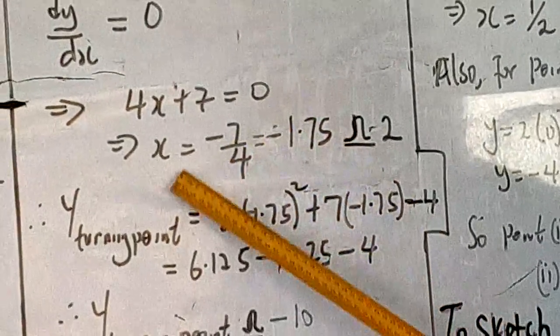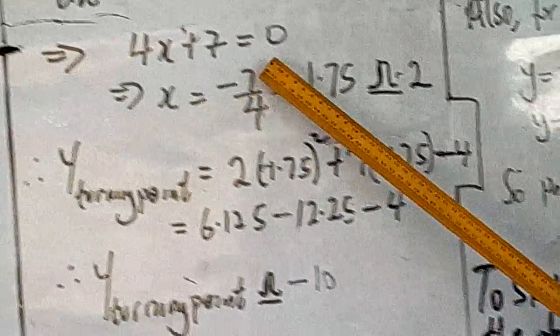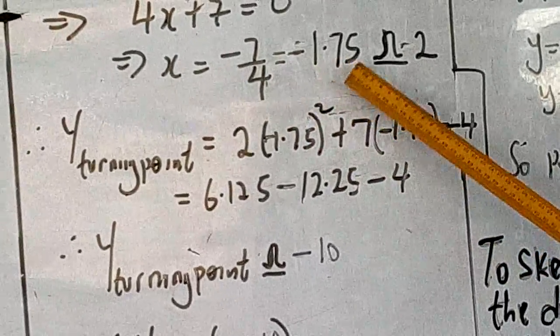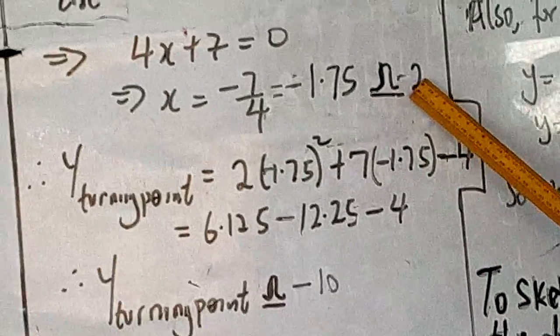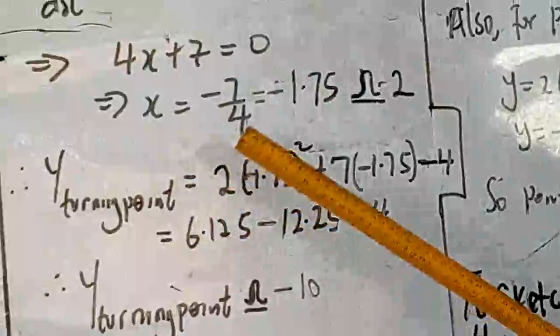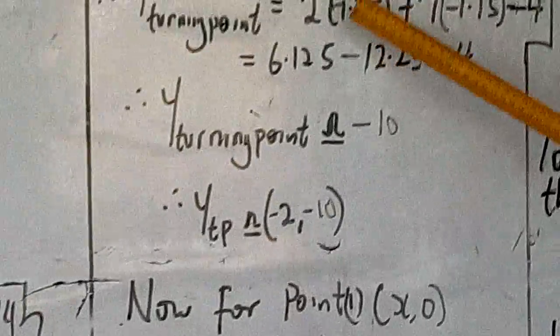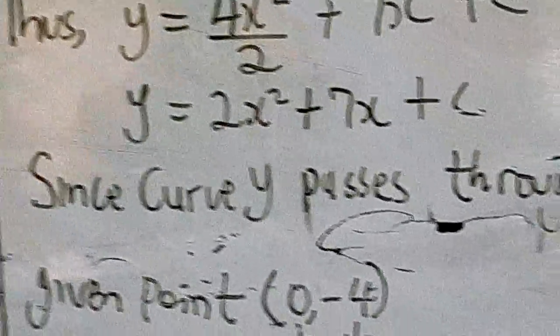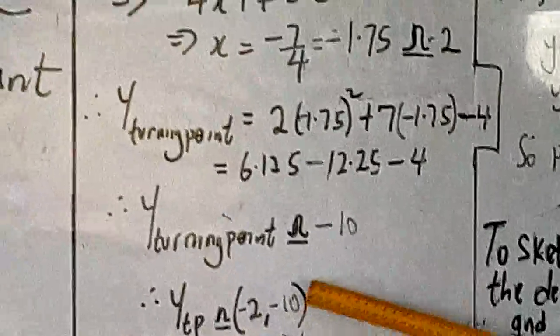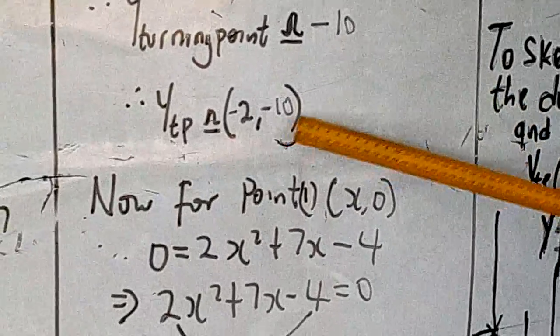Making x the subject of the formula, we get the value of x to be -7/4, which is -1.75, approximately -2. Substituting this value for x in our original equation, we discover that the value of y at the turning point is approximately -10. So at the turning point, our x is approximately -2 and our y is approximately -10.